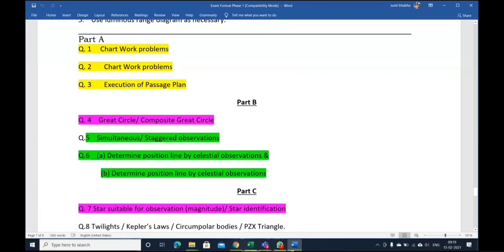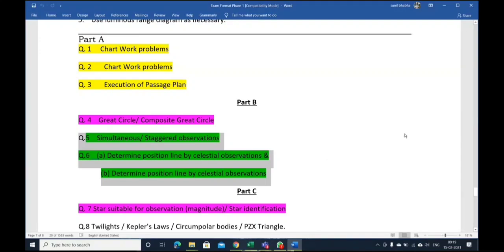In the next month, I will again be covering question number 4 and 7 with you. And in the third month, for the candidates who have joined today, we will be covering simultaneous staggered observation and determination of position line by celestial observation.